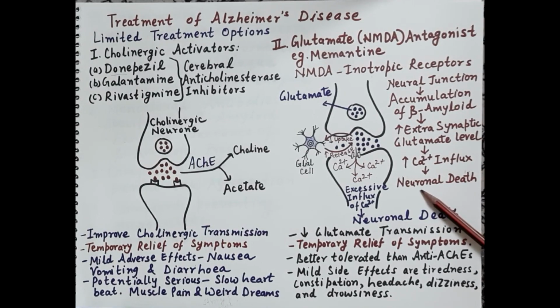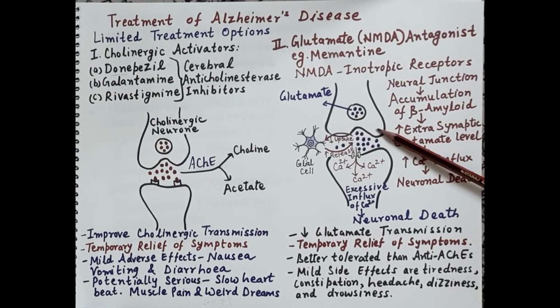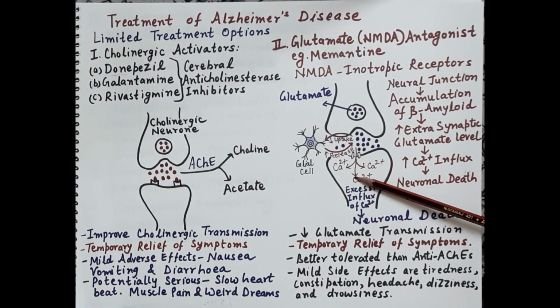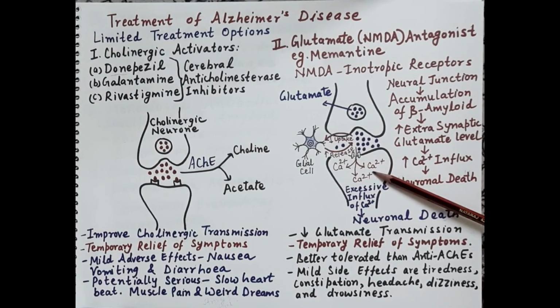Now how it all happens, let's see over here. This is an excitatory neurotransmitter. Glutamate is present in the synaptic vesicle. When this excitatory nerve cell gets depolarized, there is a release of glutamate, and glutamate binds to its receptors, that is the NMDA receptors. There is opening of calcium channels, influx of calcium ions.